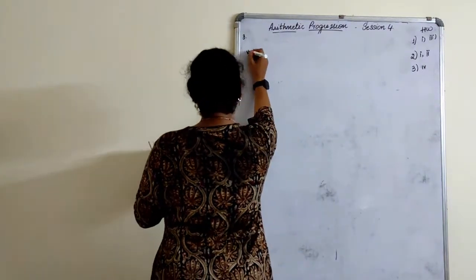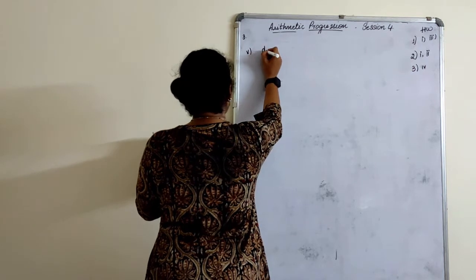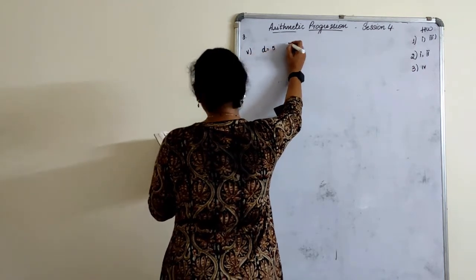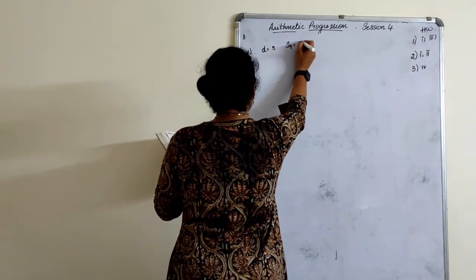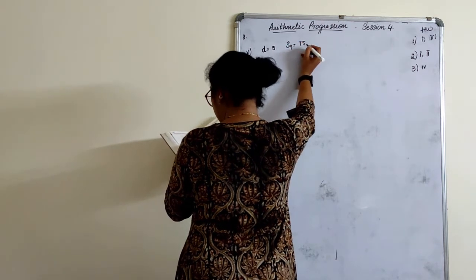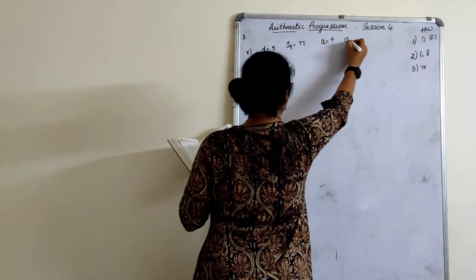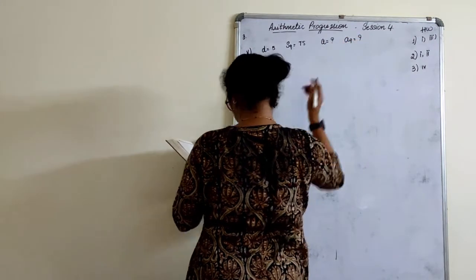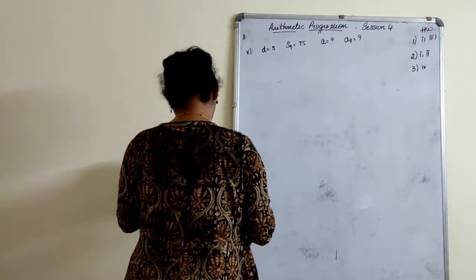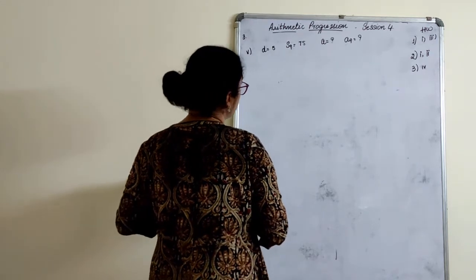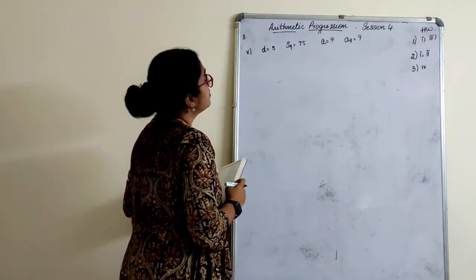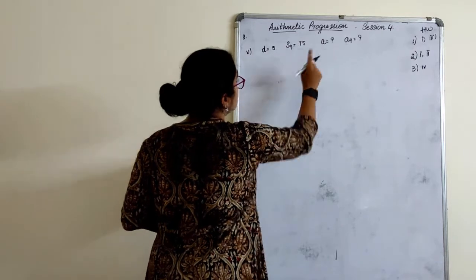Fifth one, where D, the common difference, is 5, S9 is 75, find A and A9. Okay, so see what all you want here. This is S9, that is A9.